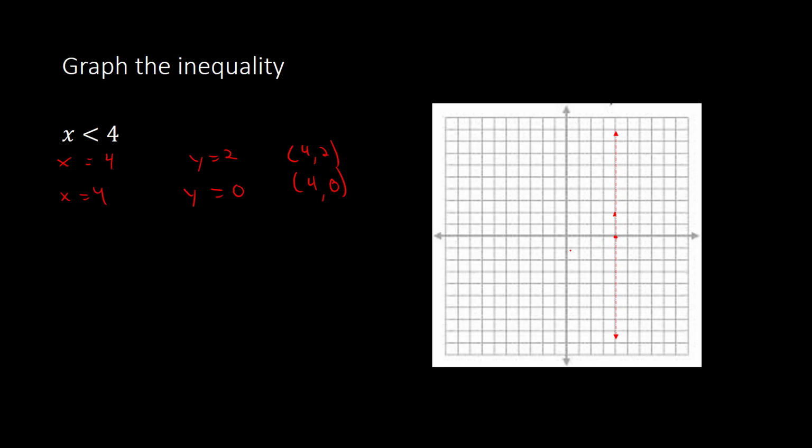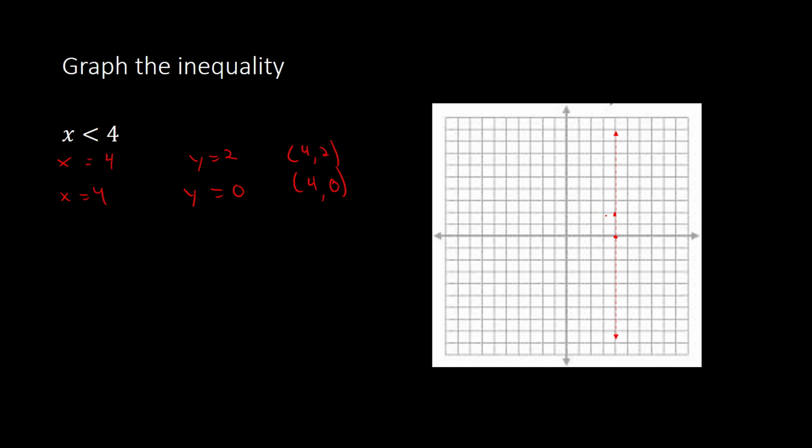And the question is going to be, do I have a dotted or a solid line? And then where do I shade in this one? Well, because it is less than and not less than or equal to, it's going to be a dotted line. So if we're less than or equal to, it'd be a solid line. Now the shading for this one is a little different because we're not going to shade in above or below, because you cannot shade above or below, right?